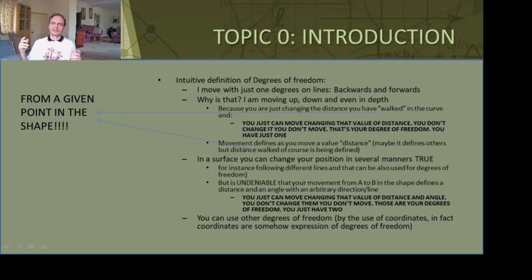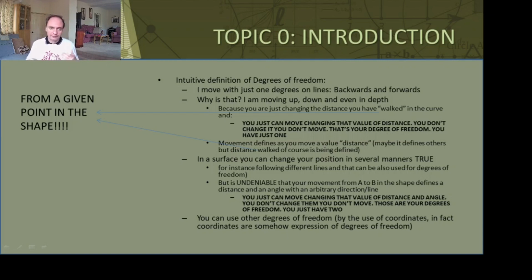So as I move, I am defining several parameters, and undeniably, I am defining distance to the origin of coordinates and angle with an arbitrary north. If I am here, I am at this distance and with an angle of, let's say, 45 degrees with an arbitrary north.